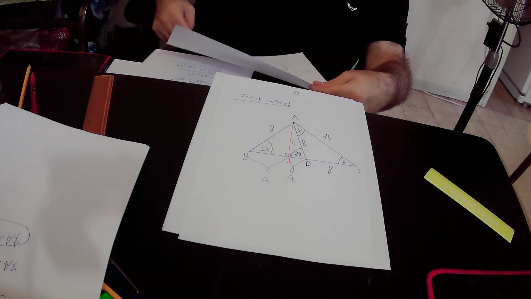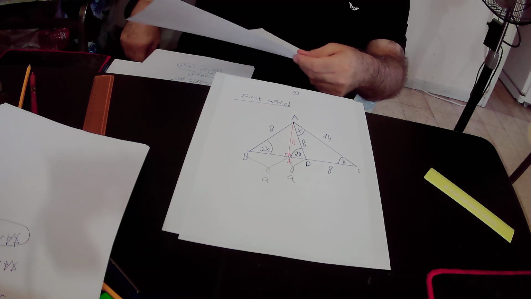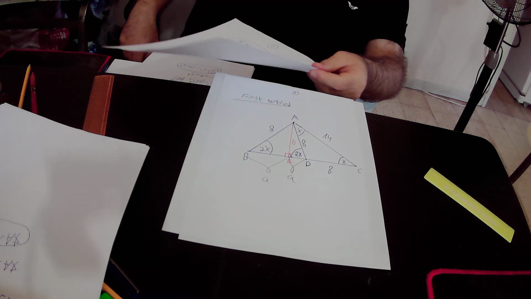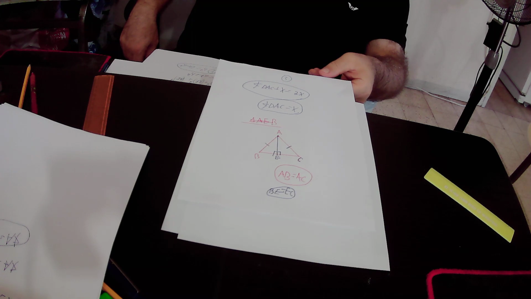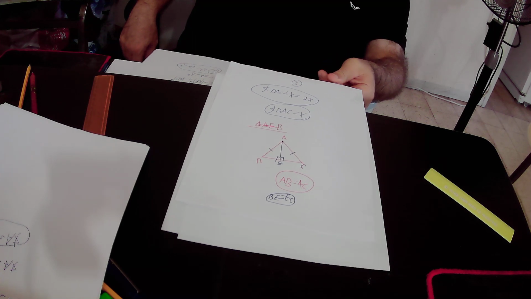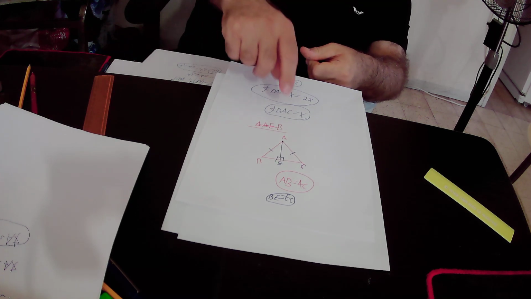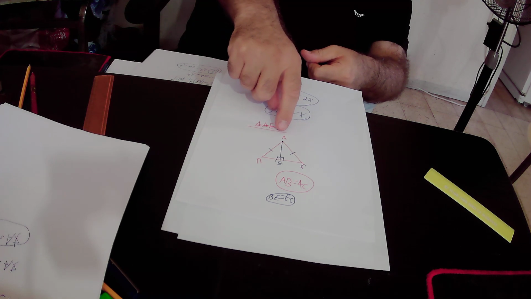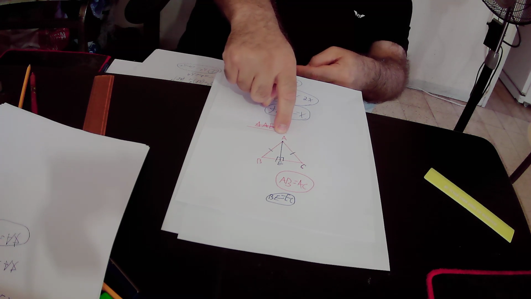Okay, then we have another rule that states that whenever you have an isosceles triangle and you draw a perpendicular from point A, then that perpendicular creates two equal sides.